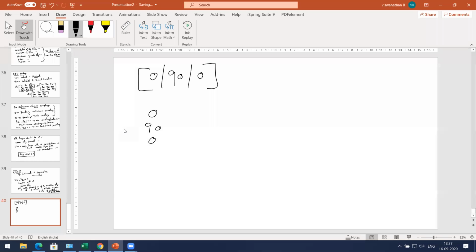This is the mid plane. So we have 3 layers. This is one layer, this is the second layer, and this is the middle layer. So it is symmetric.